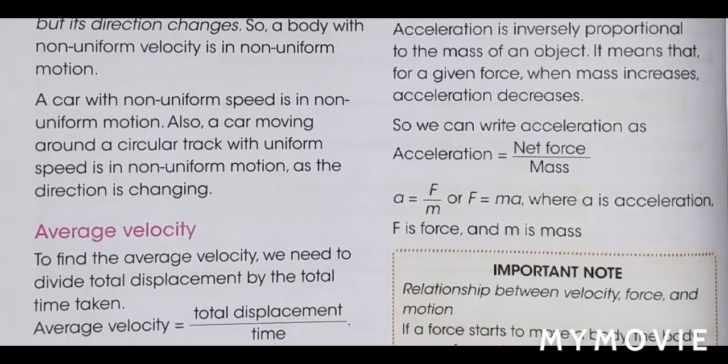If force and mass are given, we can find the acceleration of that body. If acceleration and force are given, we can find the mass of the body by using that formula. So we'll do the numericals related to this formula.